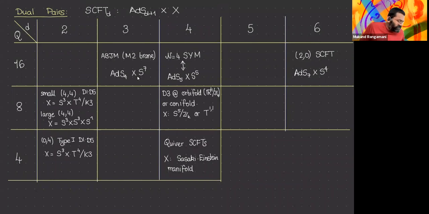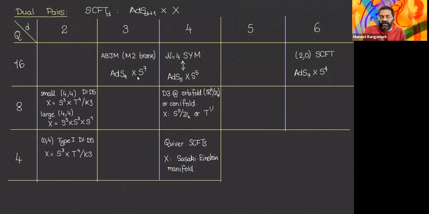So let's start with 4 dimensions. All examples have gravitational duals of the form an AdS space times some internal space, which I'm calling X. And I'm organizing this discussion by dimension.